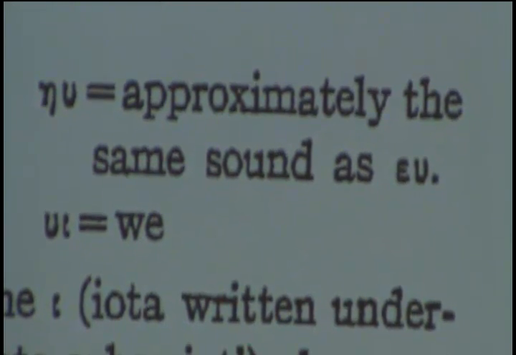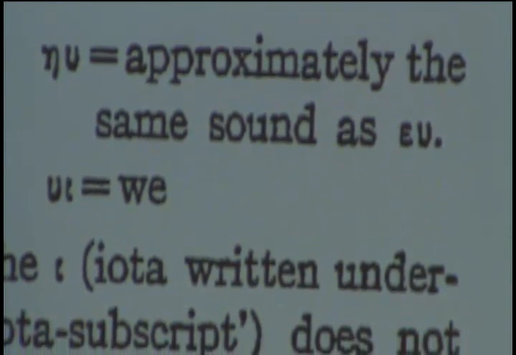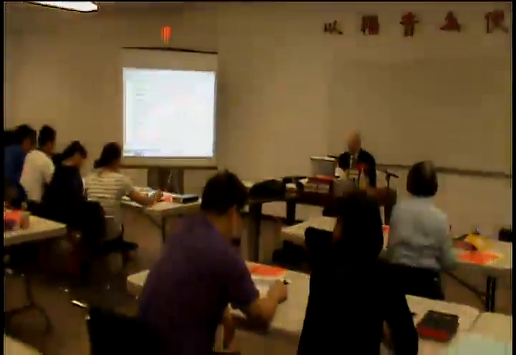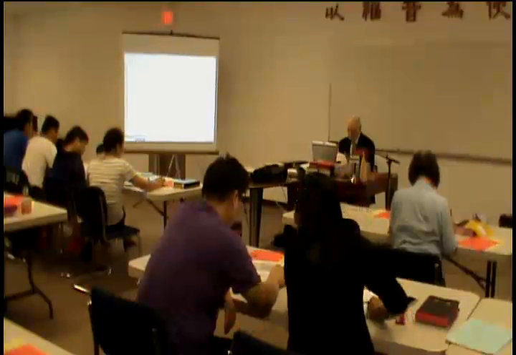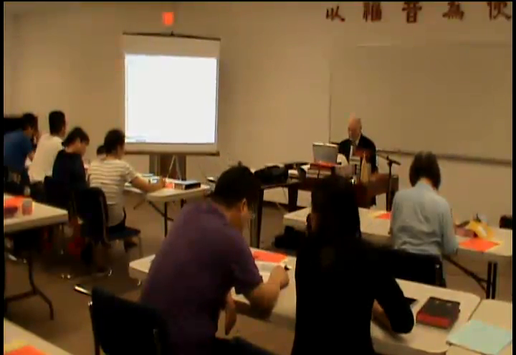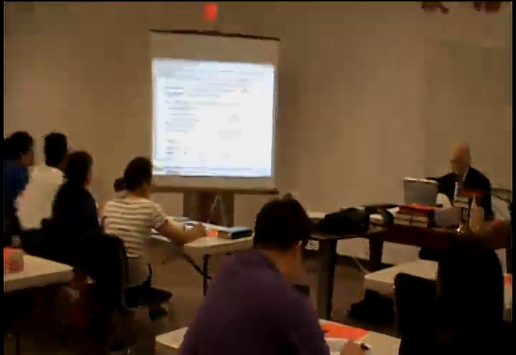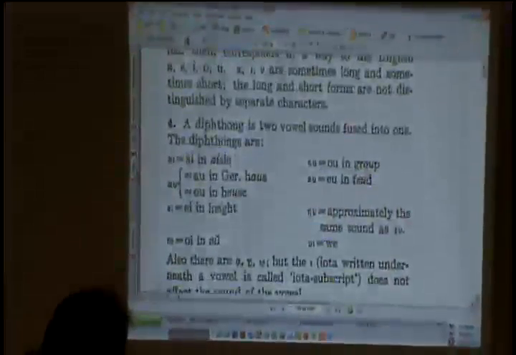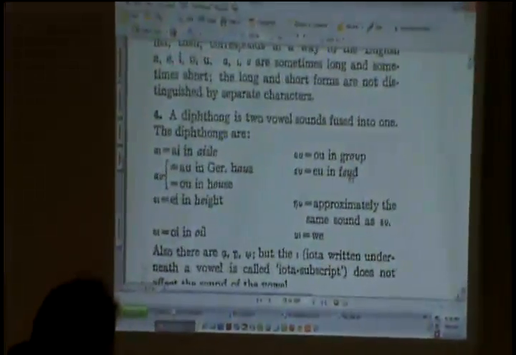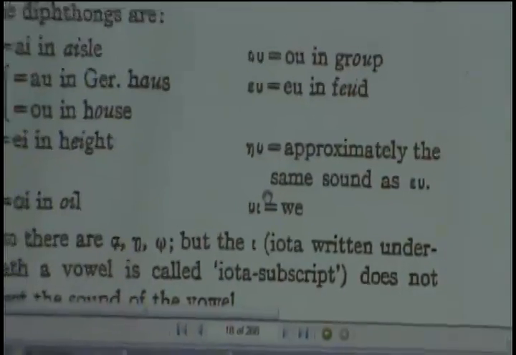Are there any questions on the diphthongs, these two vowels together? The vowels are pronounced together and they make one sound, like alpha iota is I, alpha upsilon is ow, epsilon iota is A, omicron upsilon is oo, epsilon upsilon is few. And we is we. So it's similar.